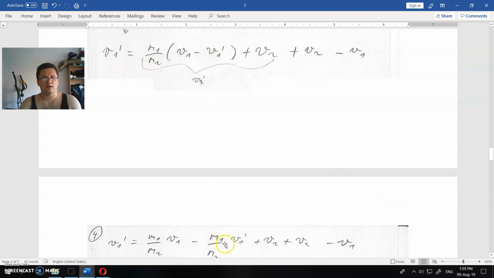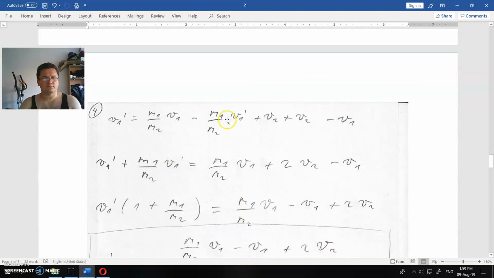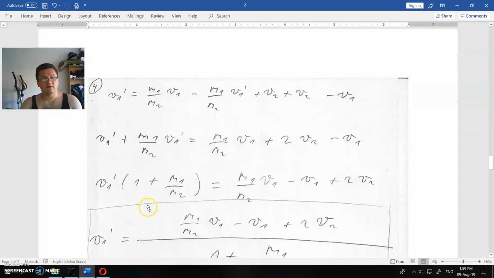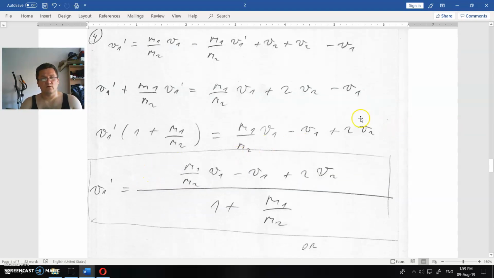Why? Because we want to separate those things that are known to us. We transport this over the equal sign, and now we put it in front of the brackets. You have this one. Now only this is unknown in this equation, so we will divide everything by this.